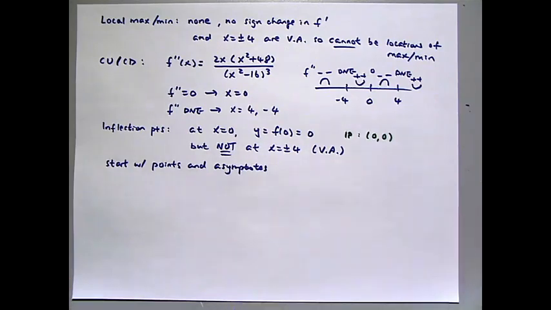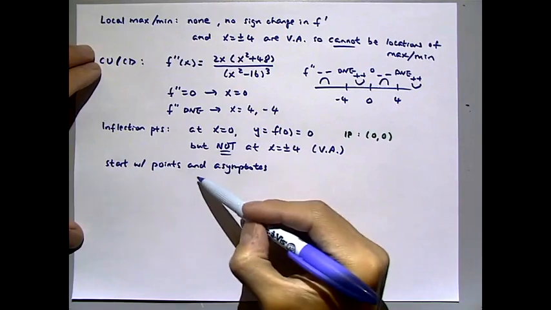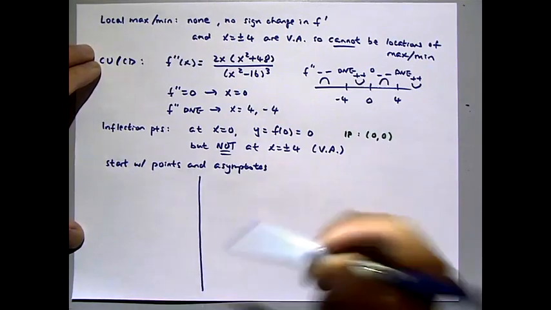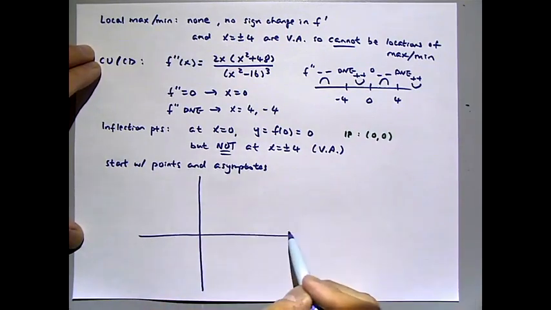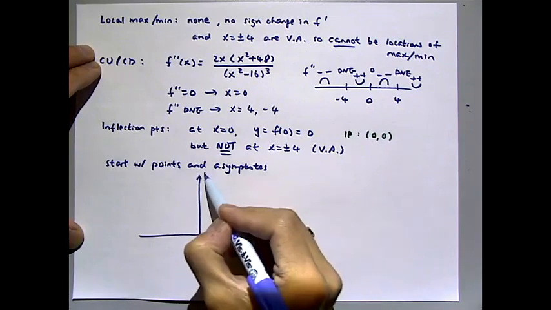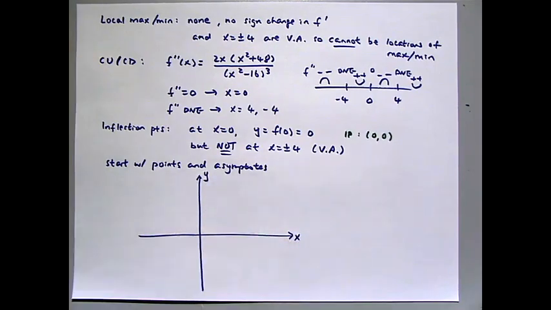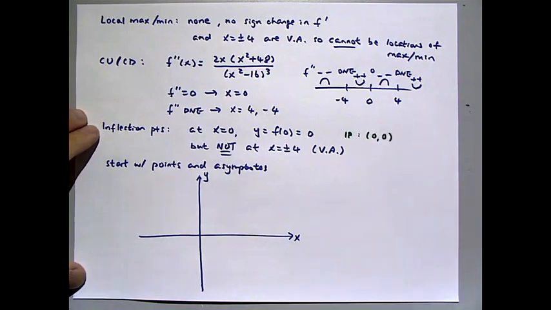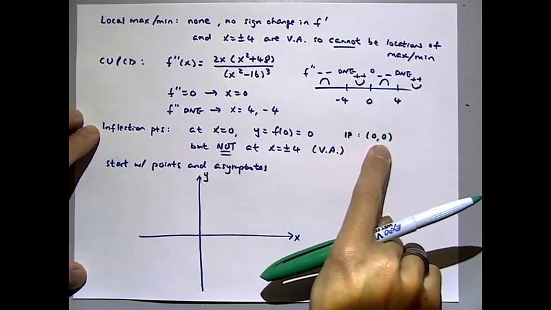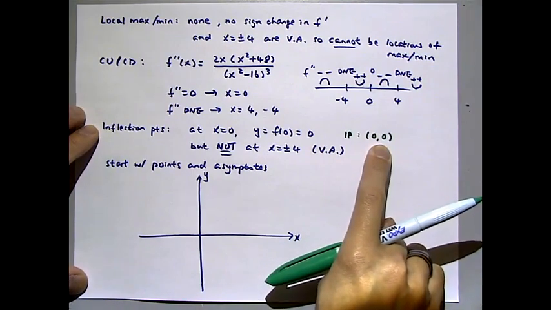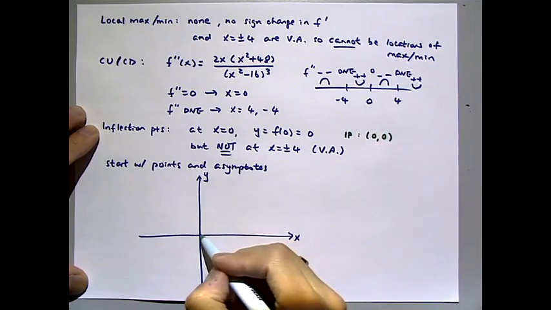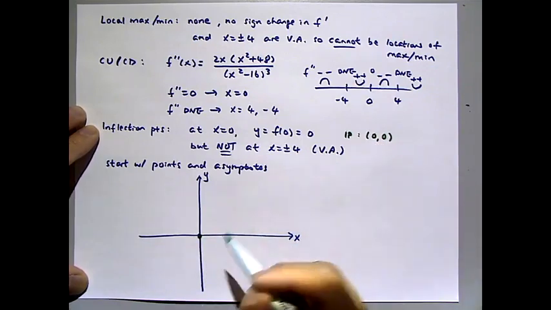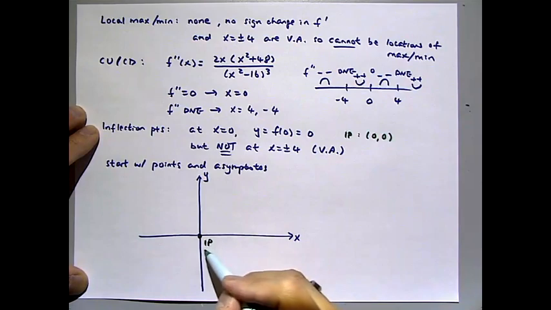Asymptotes are very, very useful information. I only have one useful point. This is the inflection point and also the x and y intercepts. That's all I got right here.